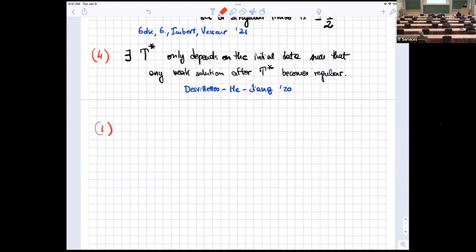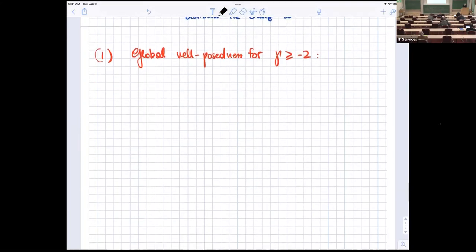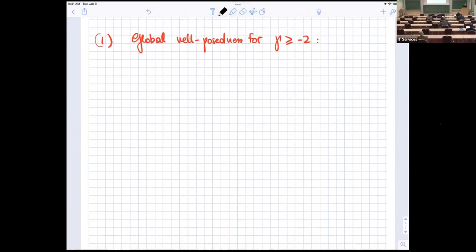So let's see the global well-posedness for gamma greater or equal than -2. What we do is use energy methods, for example L2 estimates.